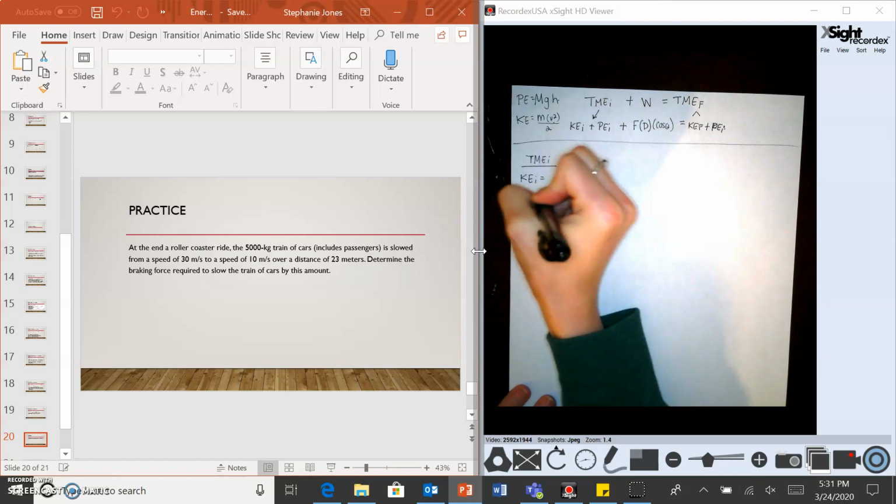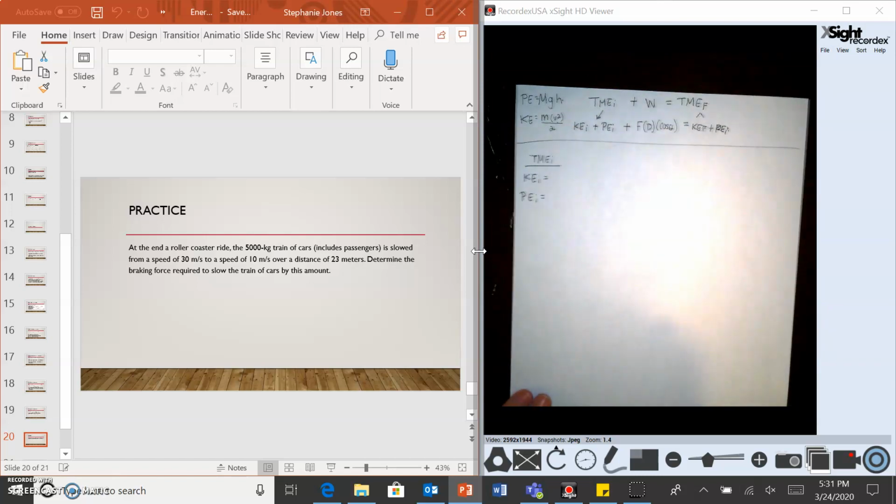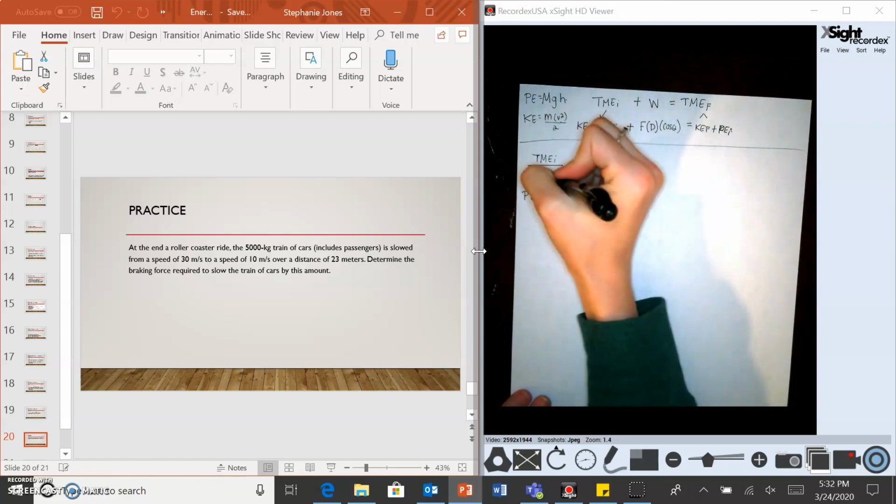So we need our total mechanical energy initially, meaning we need our kinetic energy initially, and we need our potential energy initially. So looking back at the question, initially, how fast was this car going? It says it was going 30 meters per second. So that's going to be our velocity, and our mass is 5,000.